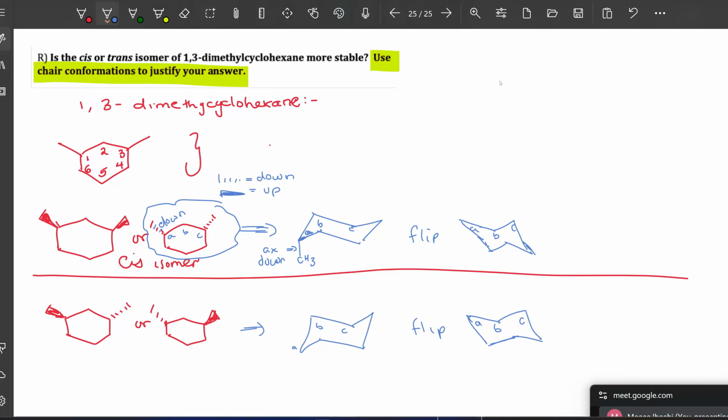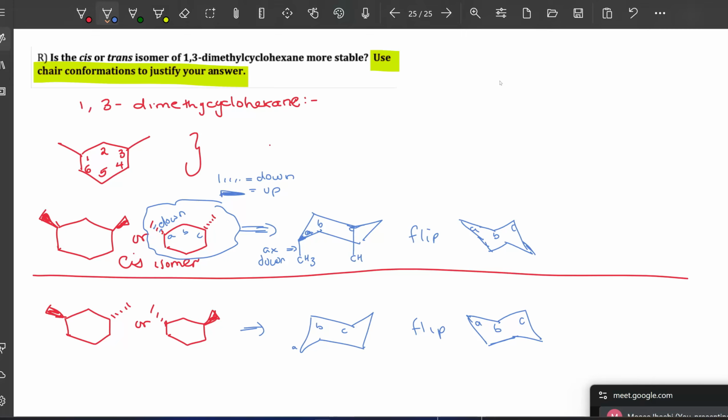You see that? It's tipped down. So if the carbon is down and your group is down, you better draw axial down. Okay, so then C should be equatorial down? C will be axial down. The carbon is facing down.